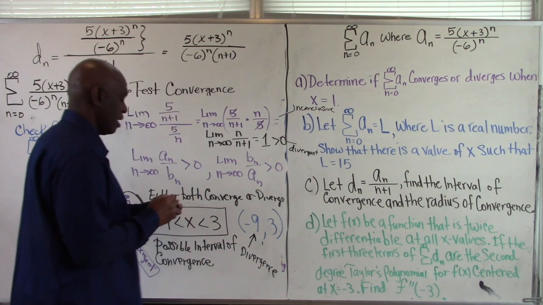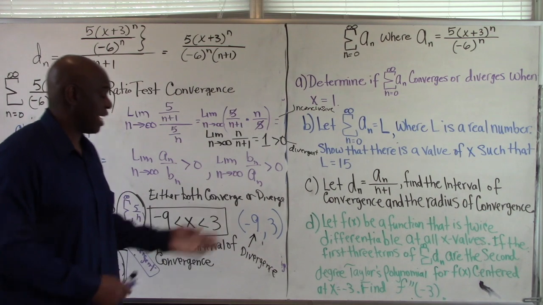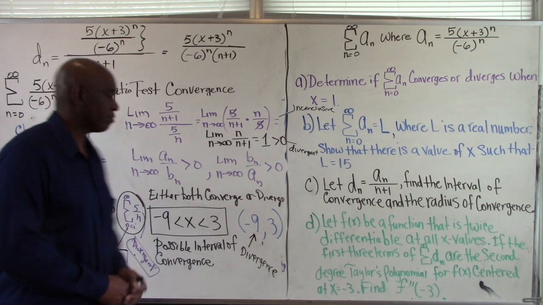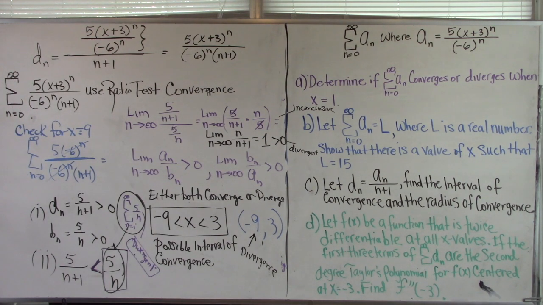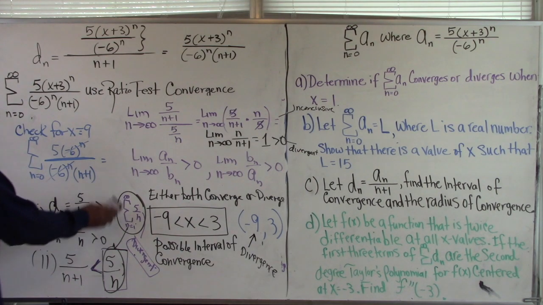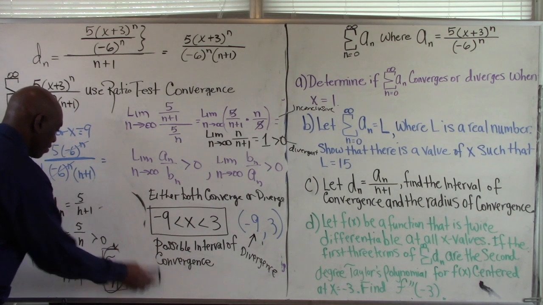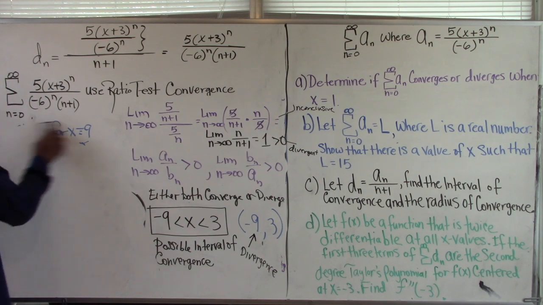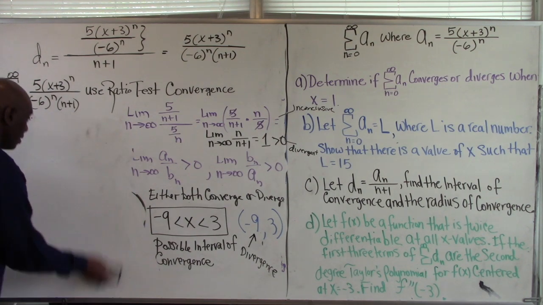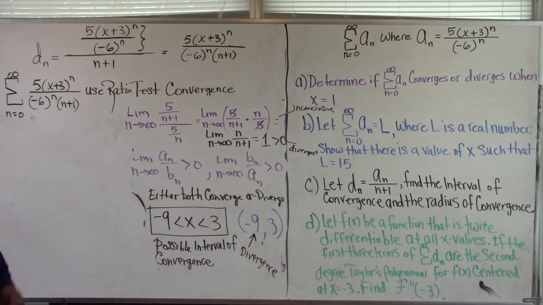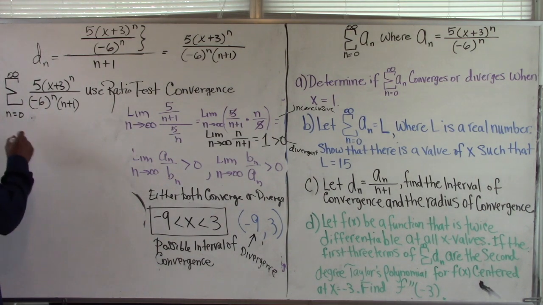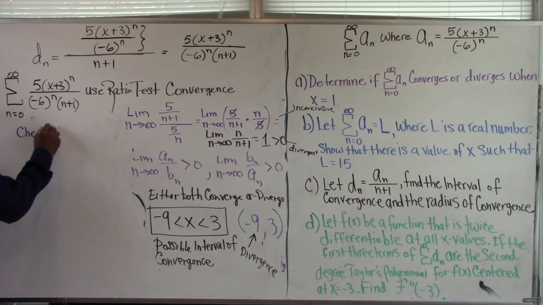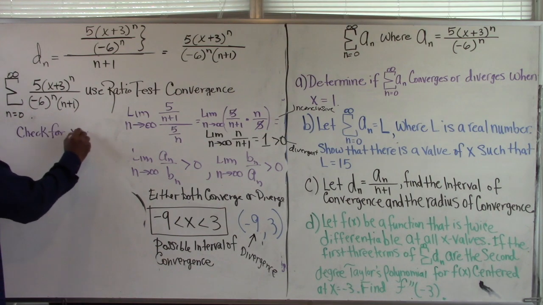All right. Now we have to check 3. You check -9, now check 3. Okay. Let's see what 3 is going to give us. So now we have to check for x being 3.